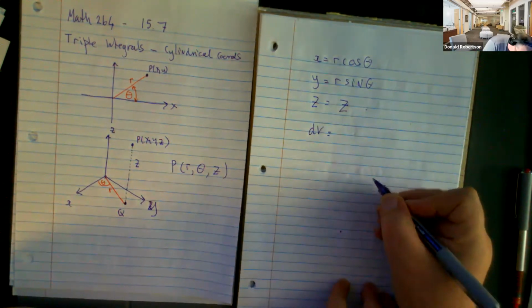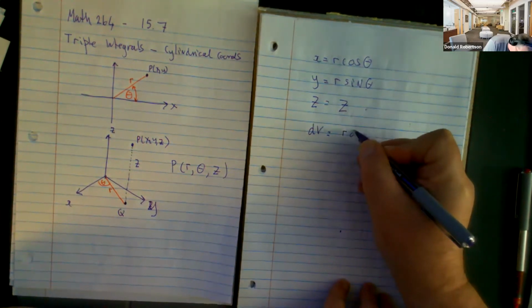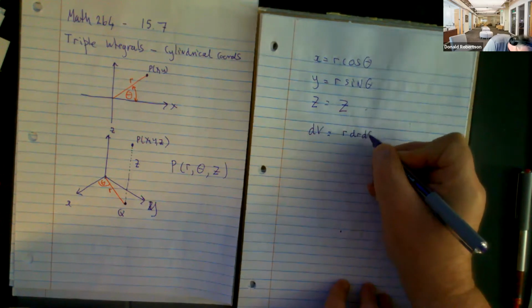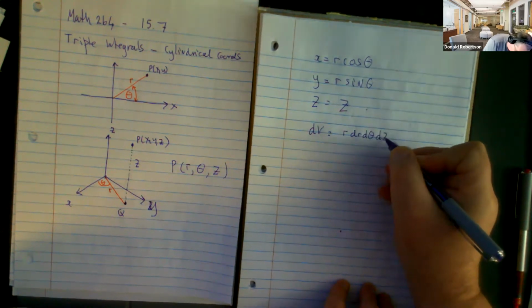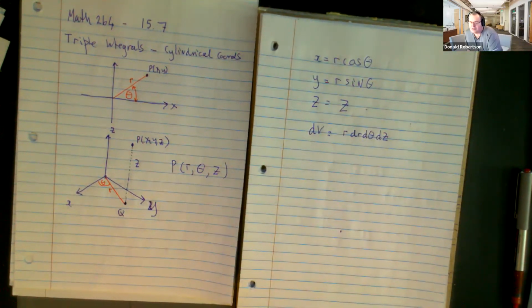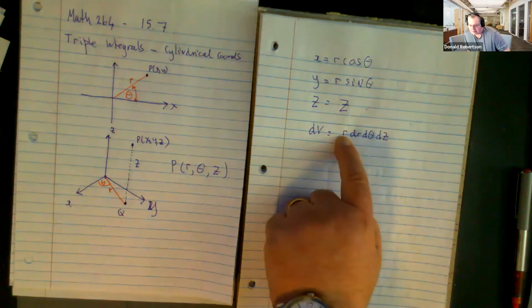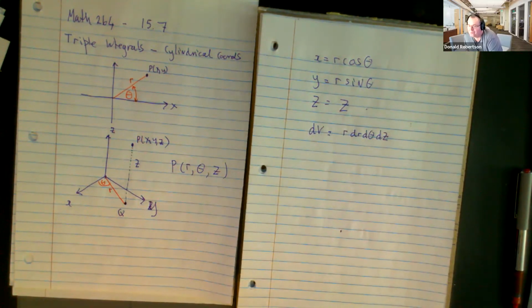He gets replaced by r dr d theta dz. Where on earth did this little baby r come from? Wasn't it in the 2D integrals?